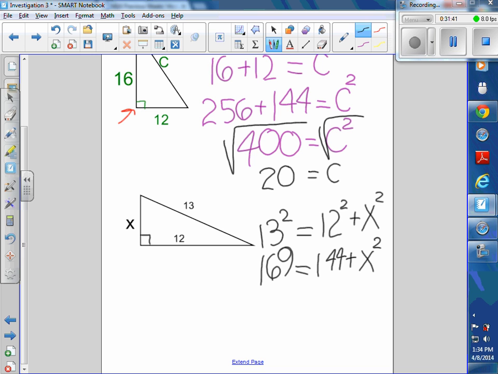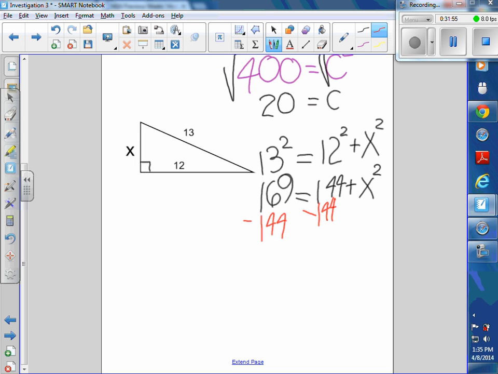Yeah, so you're now solving an algebra problem like we did in the beginning of the year. You subtract 144 from both sides. Oops. So subtract 144 using your algebra skills. Remember that? So we have 25 is equal to x squared.